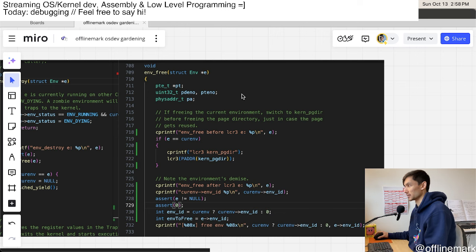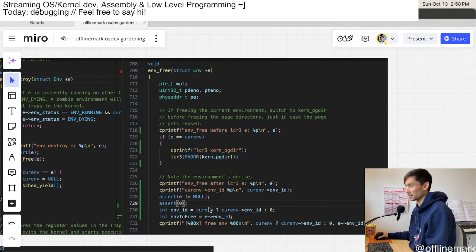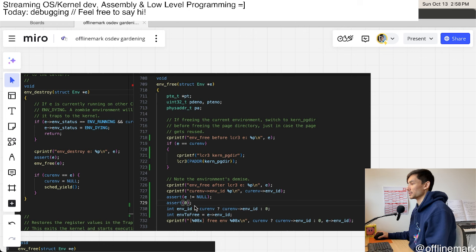What I was observing is that a valid pointer is being passed in, but after the CR3 switch, the e pointer becomes a null pointer and crashes later. The reason is that the stack memory gets changed somehow.